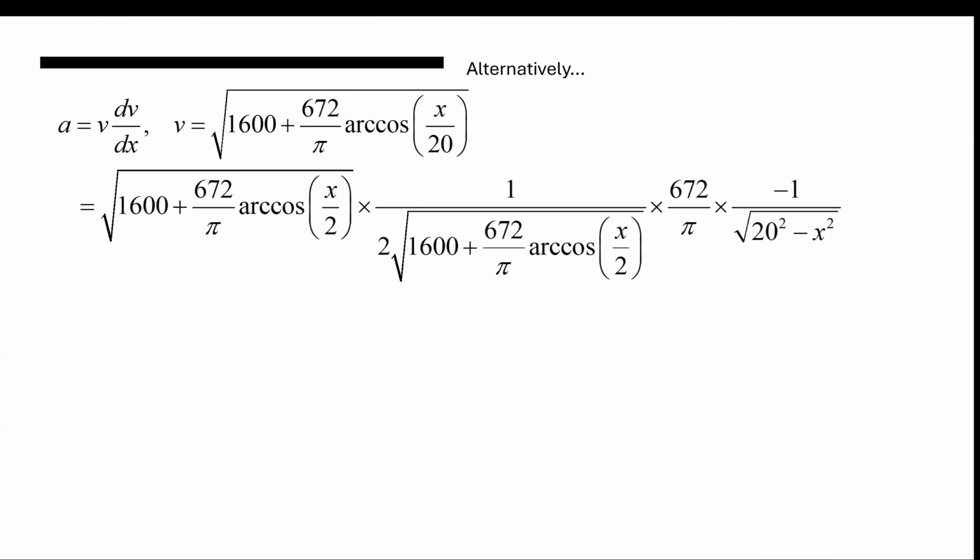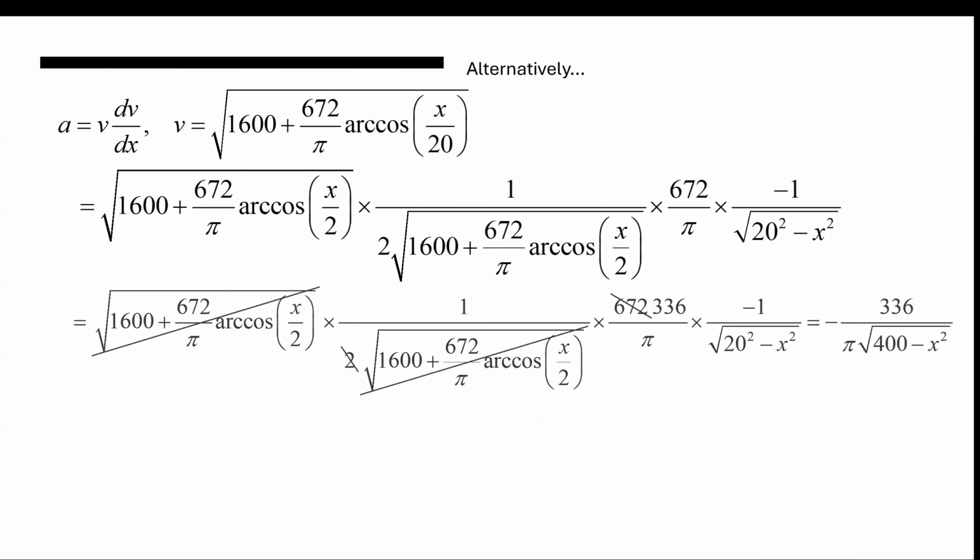Alternatively, if you prefer using v dv dx, well, it involves more work. And yes, eventually the square root expression will be canceled out, but you have to use the chain rule twice. Like the square root structure gives you half a reciprocal square root times the inner derivative. So this is more prone to error.